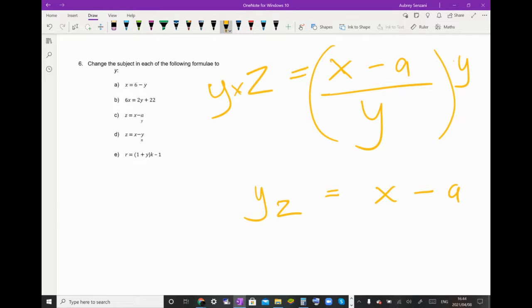What we want to do is get rid of the Z. So we're going to divide by Z on both sides. That's going to cancel out that, and then we'll have Y in isolation.